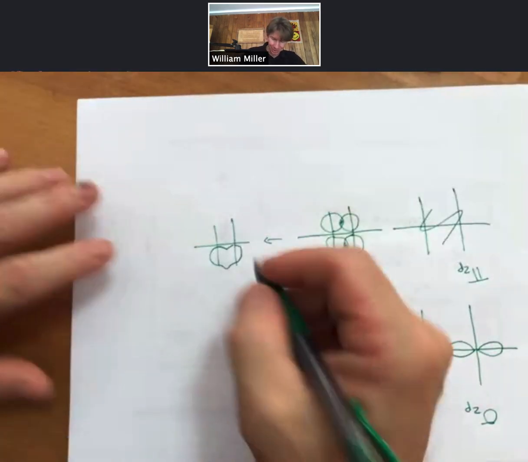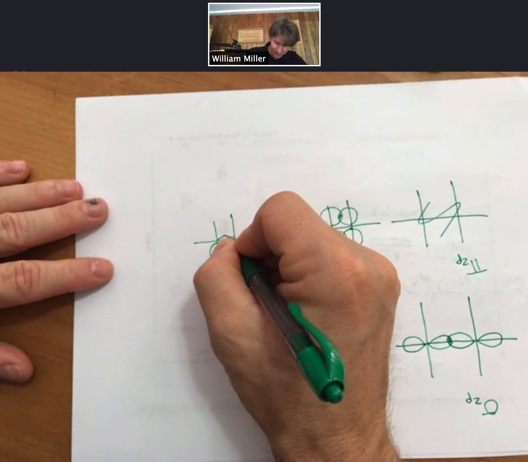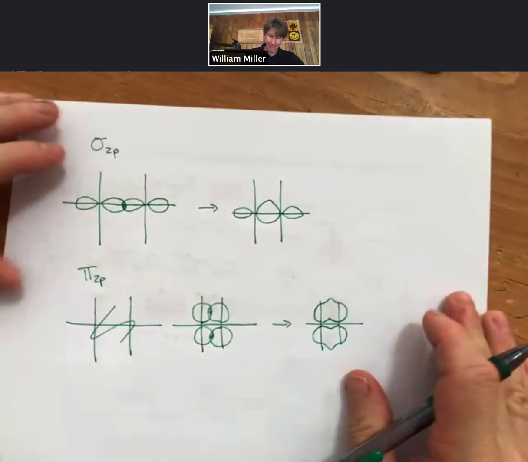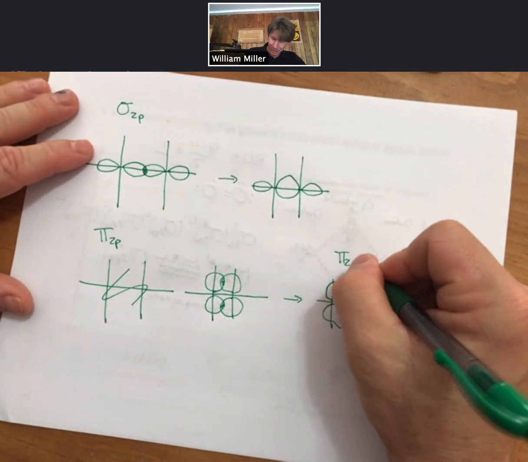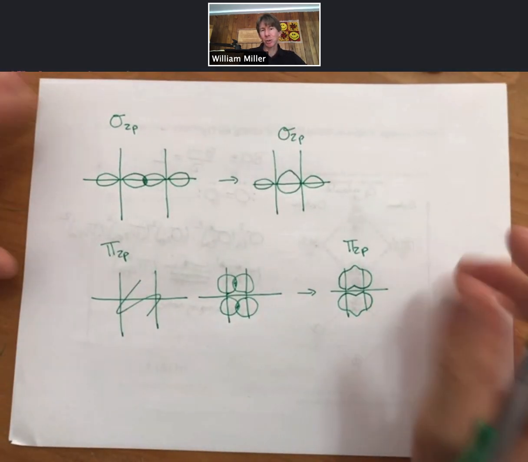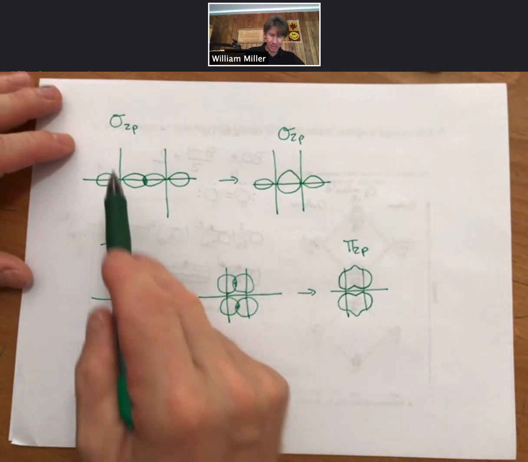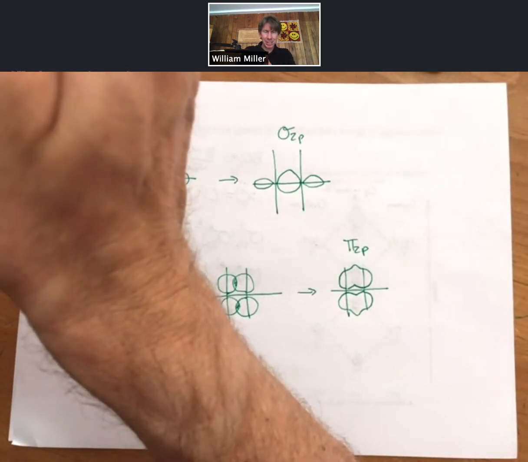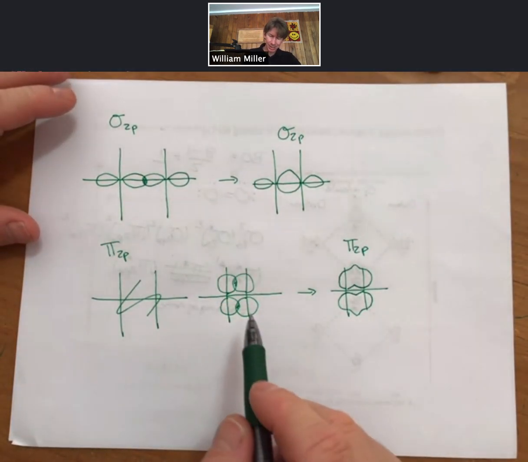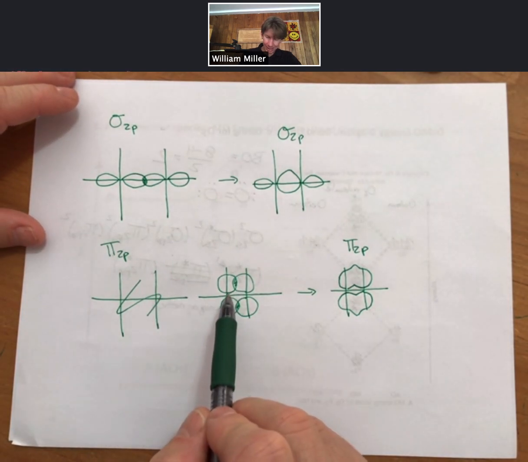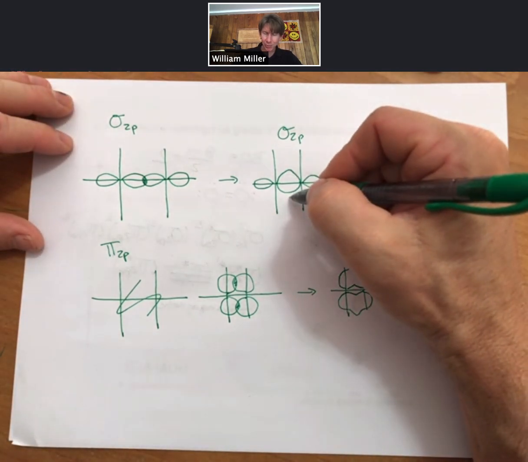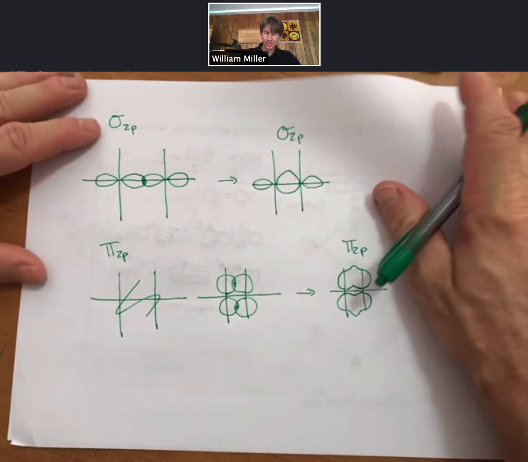And I'm always much better doing it this way, I think. Something like that. So this is going to be pi 2p, molecular orbital. This is going to be sigma 2p. And the process is always the same that we've done before, which is take the orbitals, smash them together. Where they overlap, make it bigger. And I think I exaggerated the bigness of it there. And then if we were to do star antibonding, there'd be nodes right halfway between the 2 nuclei. Okay.